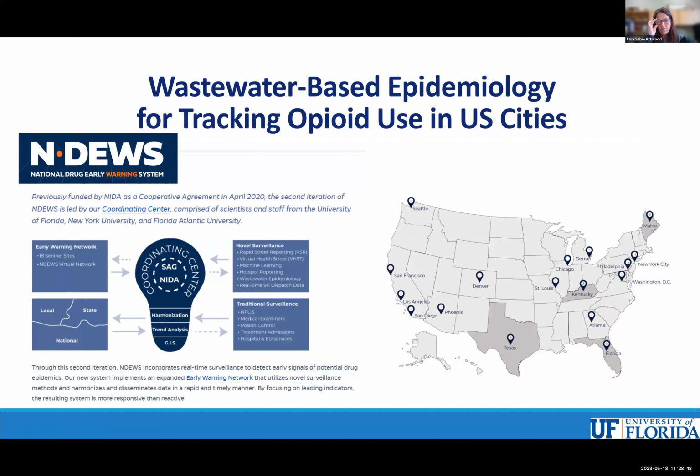So when INDUS first was funded in April of 2020, there were a lot of novel surveillance approaches that were ongoing, such as rapid street reporting, hotspot reporting, real-time 911 dispatch data, so trying to get information on that. And all of that was related to either obtaining data from other types of sources on what's going on in a community, but primarily related to the health side of things, from clinics and mortality, toxicology profiles, and so forth.